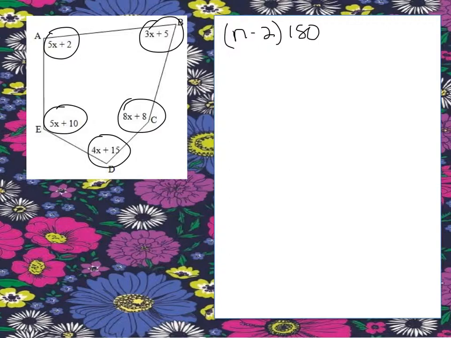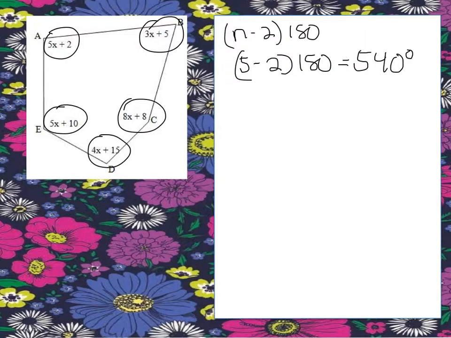We'll plug in 5 for the n since it's a 5-sided polygon, and we'll subtract 2. Then we'll multiply that by 180. If we do that, our answer is going to be 540 degrees. That doesn't mean that each angle is 540 degrees. It means that if I add up all of the angles, it would equal 540 degrees.